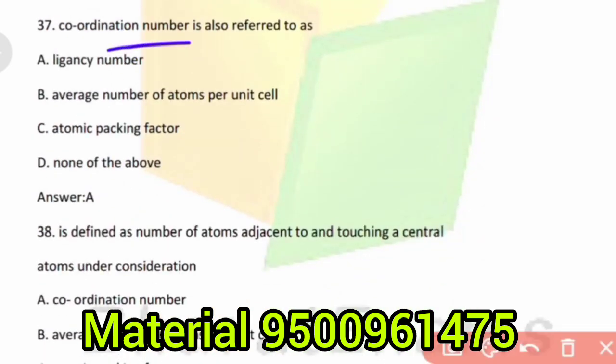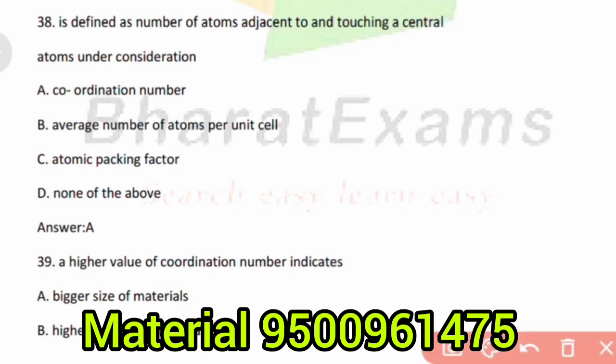Coordination number is also referred to as ligancy number. It is defined as the number of atoms adjacent to and touching a central atom under consideration.